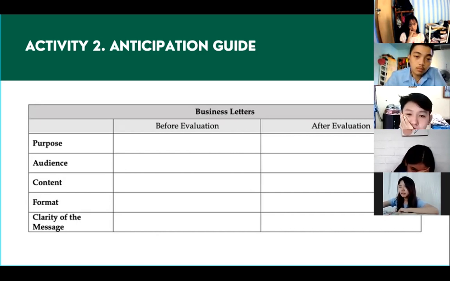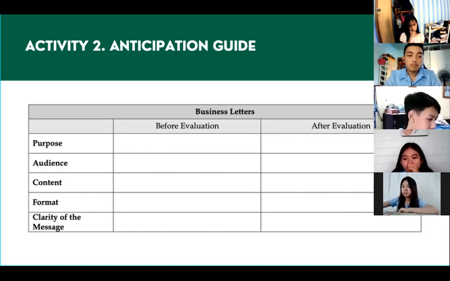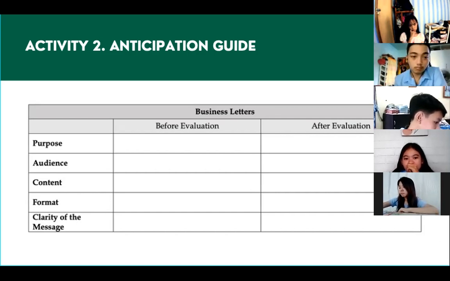Don't leave us hanging, Mr. Gales. It follows a certain rule or a structure, sir. Do not read. When you are asked to expound on something, you just tell us what you understand about the question. When you speak of a formal language, what characterizes a formal language as used in a business letter?